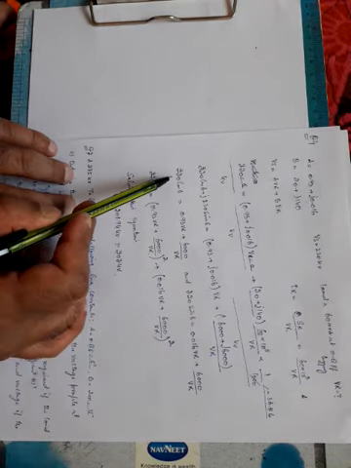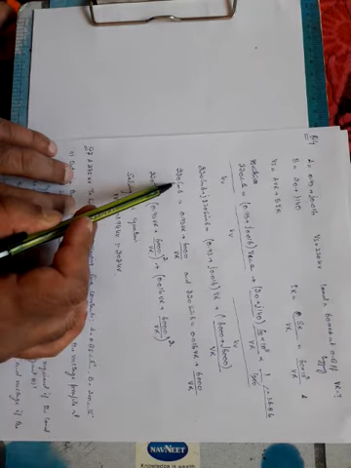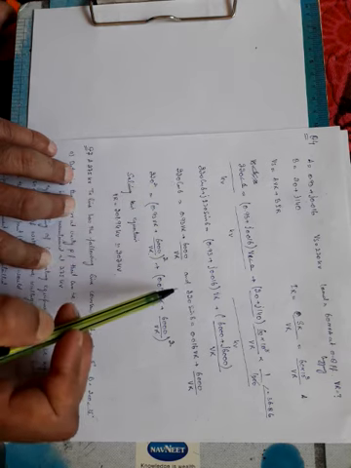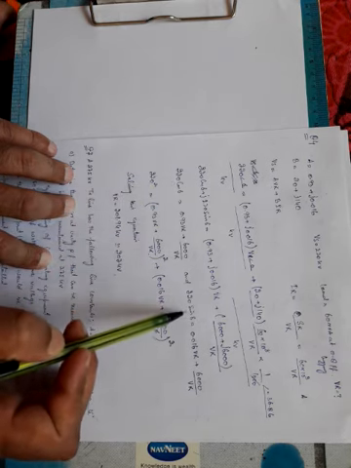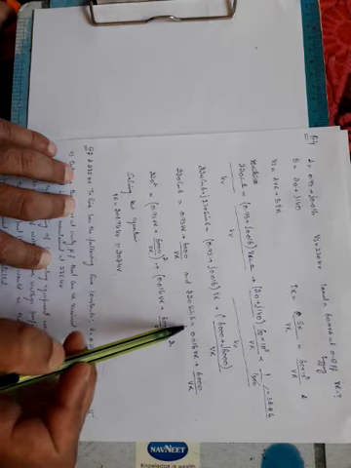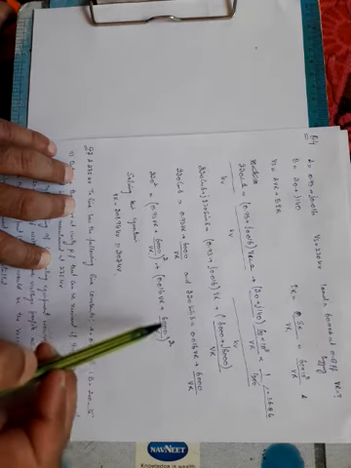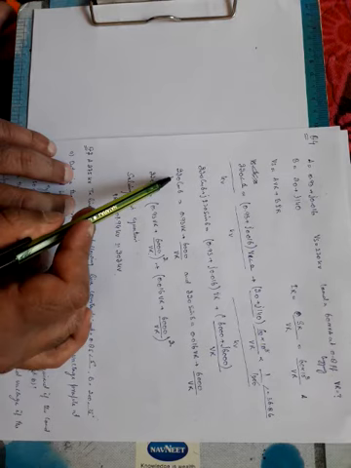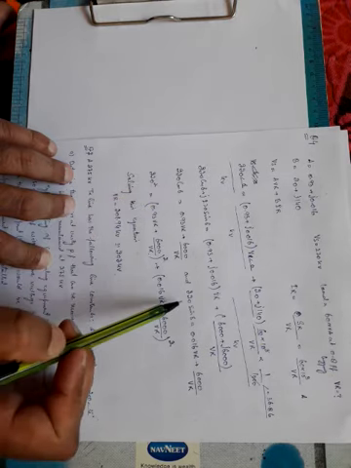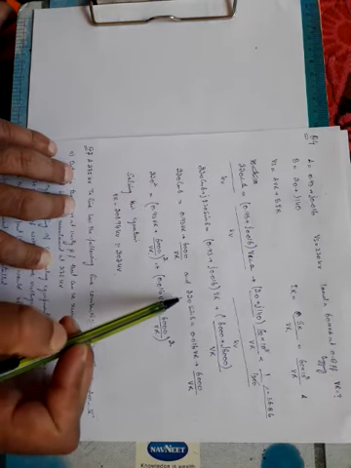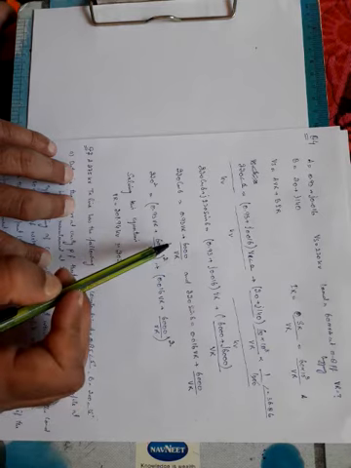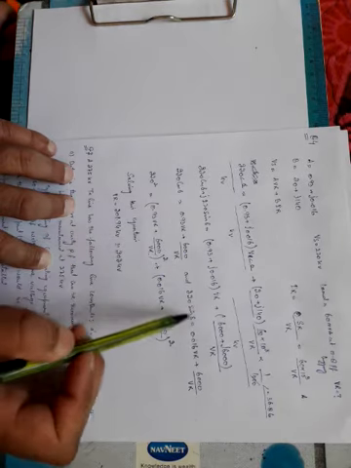It will be 220 square into cos square delta is equal to this whole term squared. This will also be 220 square sin square delta is equal to this whole term squared. Then we add these two terms. So when we add, this will be 220 square cos square delta plus 220 square sin square delta, and then 220 square will be taken out as common. Sin square delta plus cos square delta will be equal to 1.